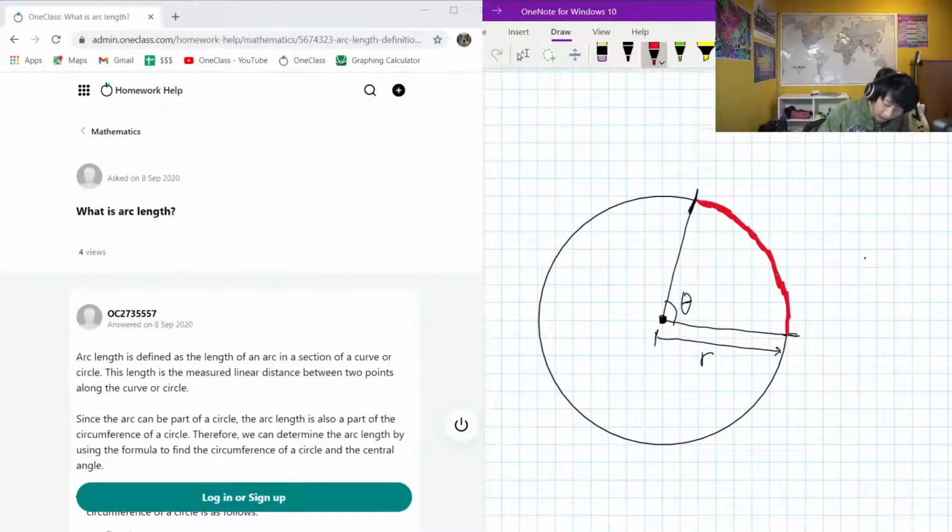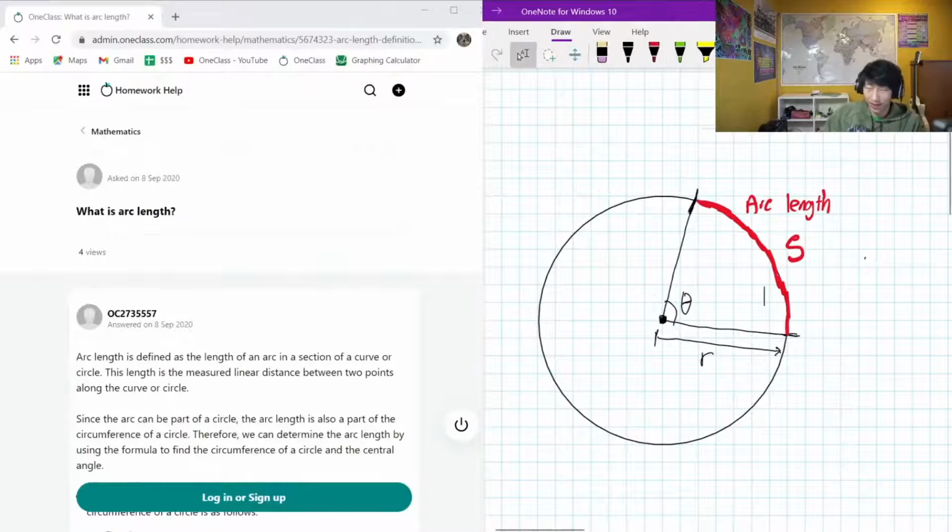So this is the arc length, and this is typically represented with S. We don't use A, because R is used for radius, and A is commonly used for other things. So this is what the arc length is.